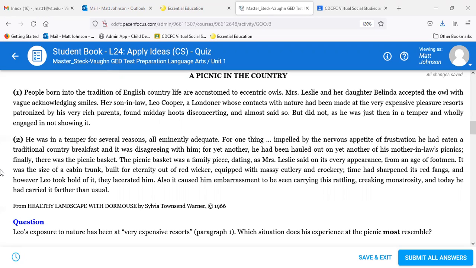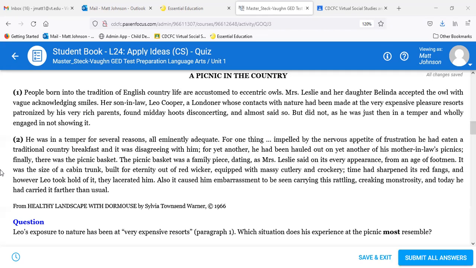For yet another, he had been called out on yet another of his mother-in-law's picnics. Finally, there was the picnic basket, a family piece dating, as Mrs. Leslie said, on its very appearance, from an age of footmen.